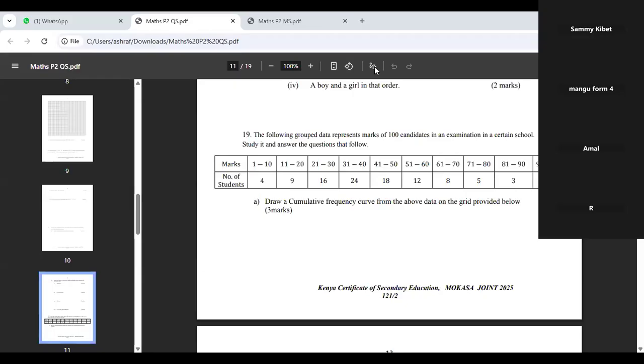Sammy, unmute yourself and ask. Sammy has disappeared. Any other question before we go to number 19?